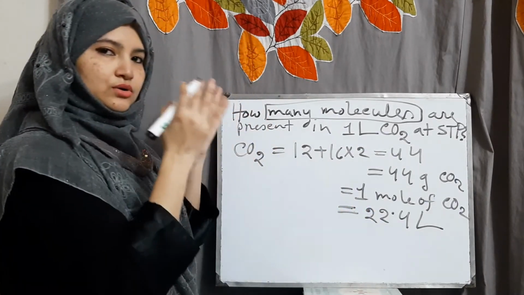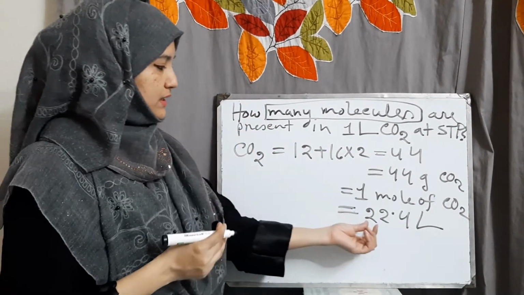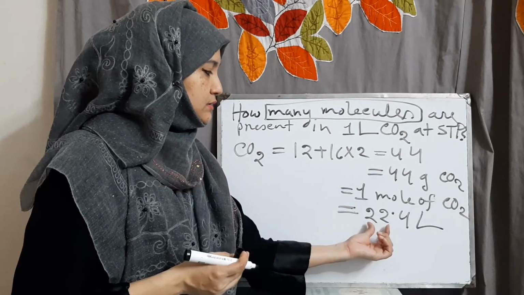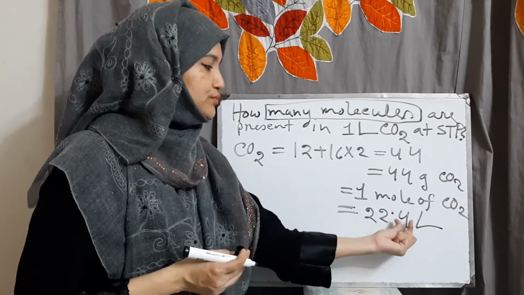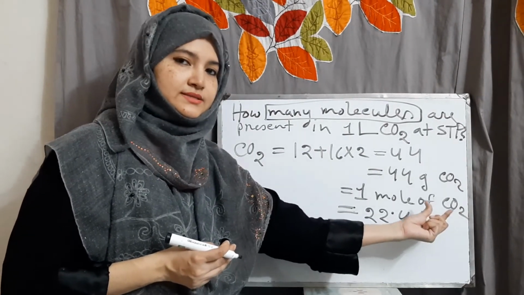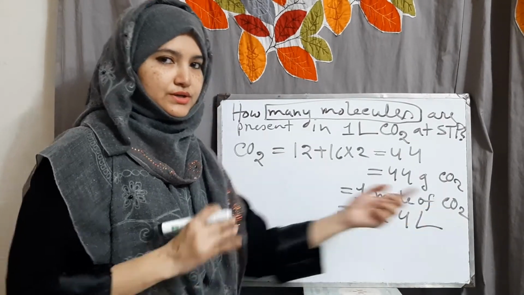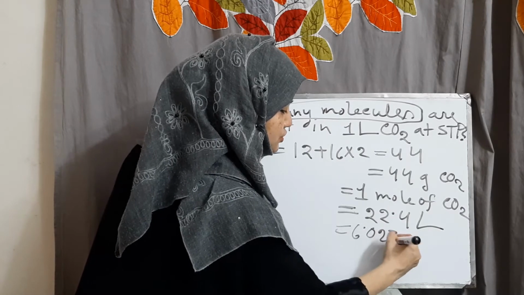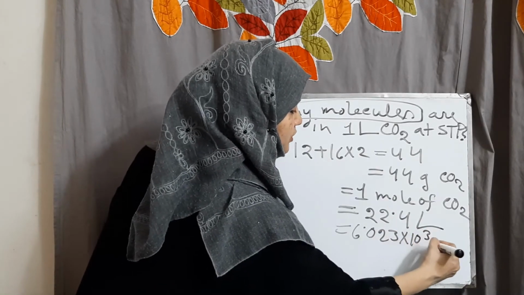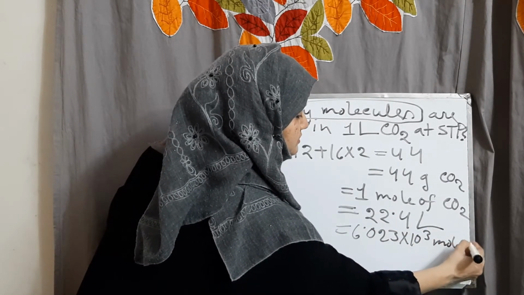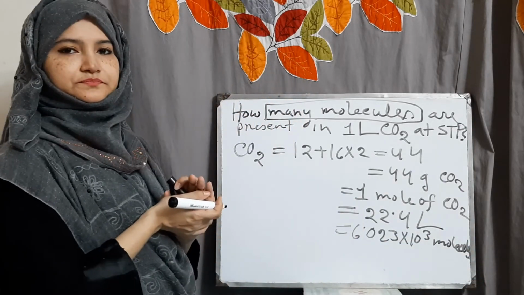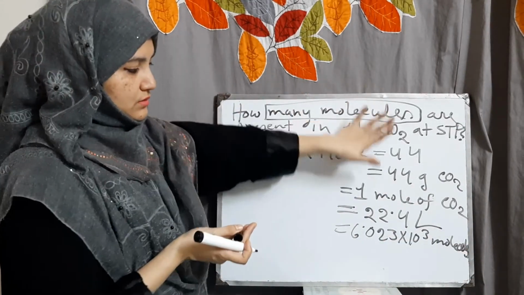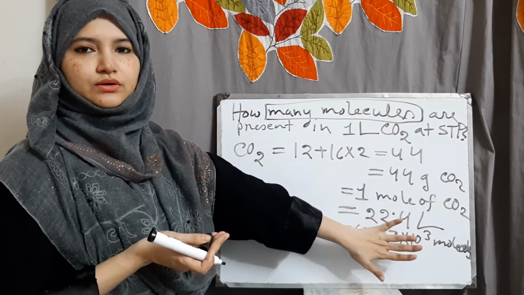And we also know that in the molar volume, 22.4 liter of any gas, in this case carbon dioxide, Avogadro's number of molecules are present. All relations are here.